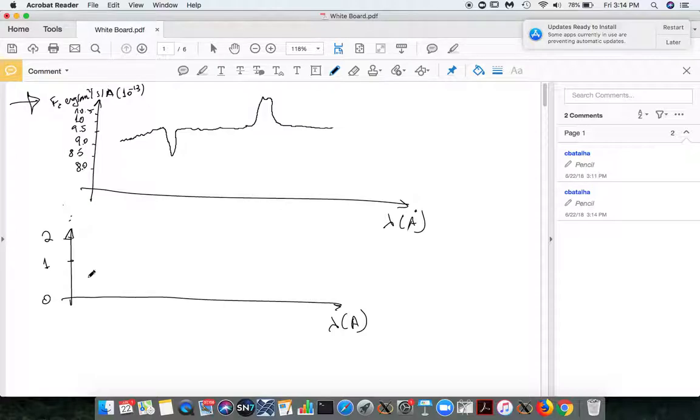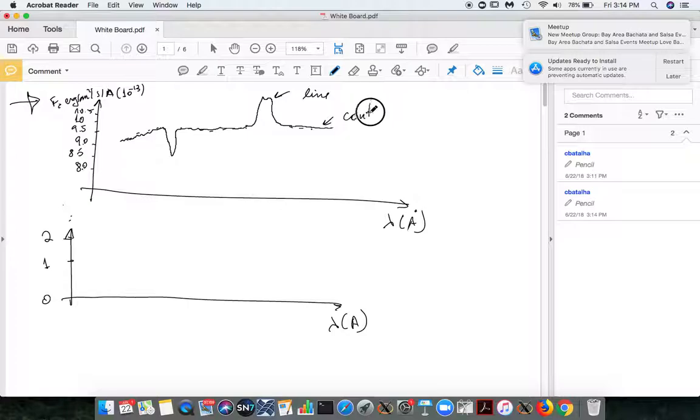Now, the continuum, which should be these points over here, right? It's called continuum. This is a line, and this is continuum. The flux in the continuum is formed by all kinds of processes that involve transitions between excited levels and the continuum. It is also the result of scattering, or interactions of radiation with electrons, ions, hydrogen, negative hydrogen, all kinds of things, and then it creates this continuum.